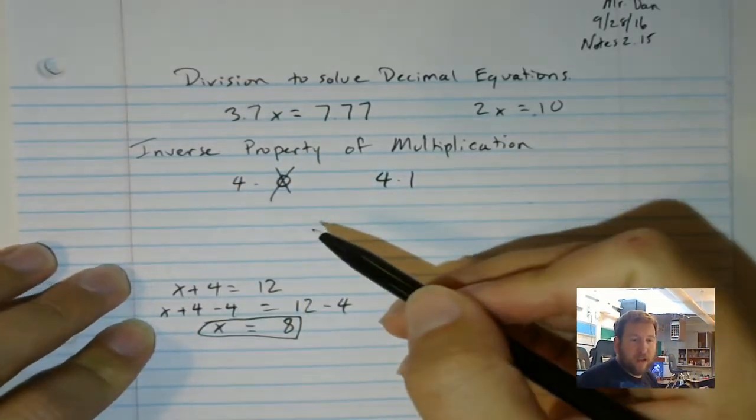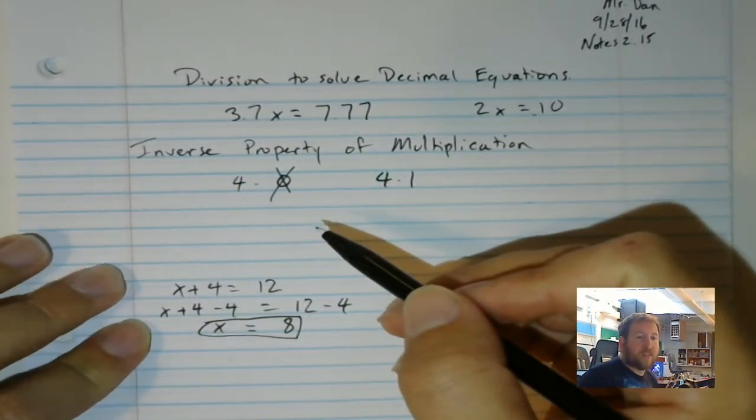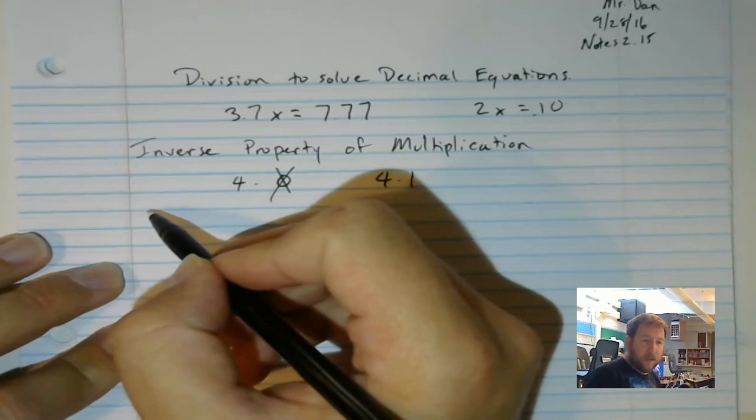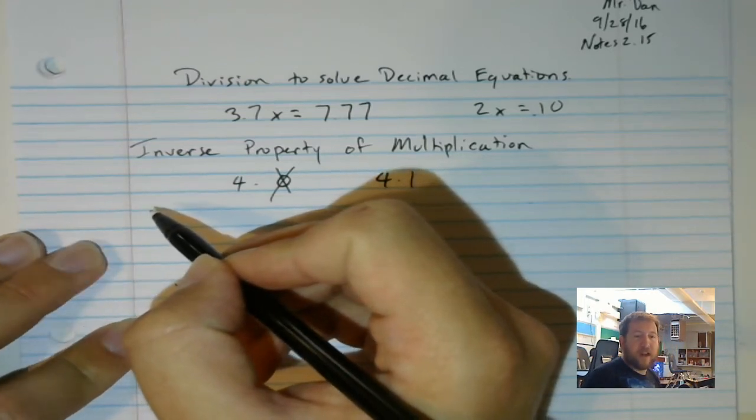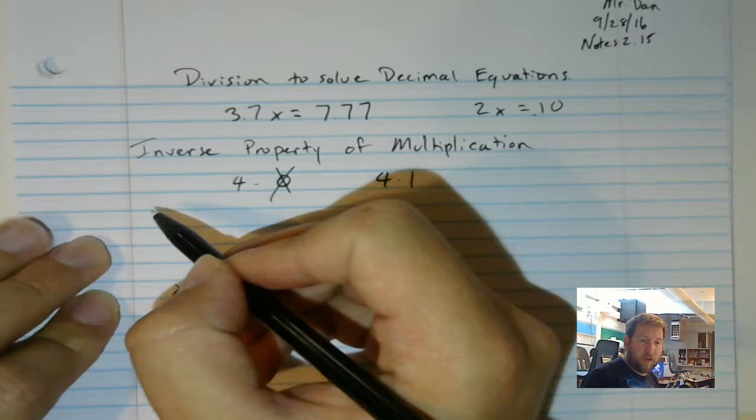So our inverse property of multiplication looks like this. It says the product of any non-zero number and its reciprocal is 1.